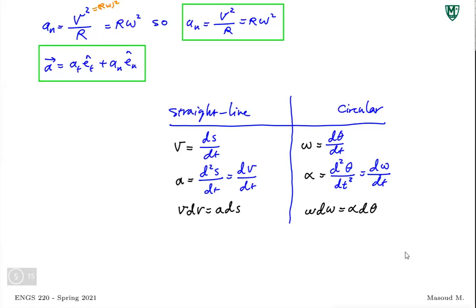The same way we define acceleration for a straight line motion, we define angular acceleration for a motion that is on a circular path or on a curve. We said basically that's nothing but derivative of angular velocity. And the final relationship between velocity, acceleration, and position, we have the equivalent of that in circular motion.